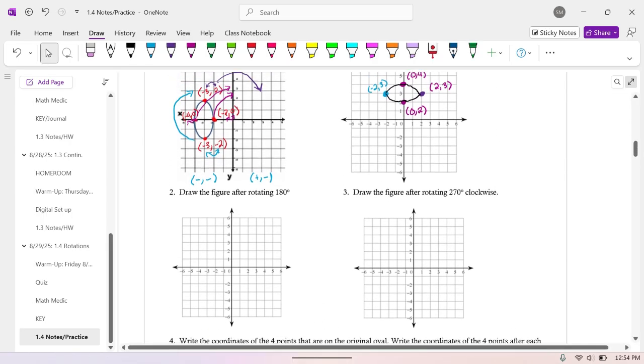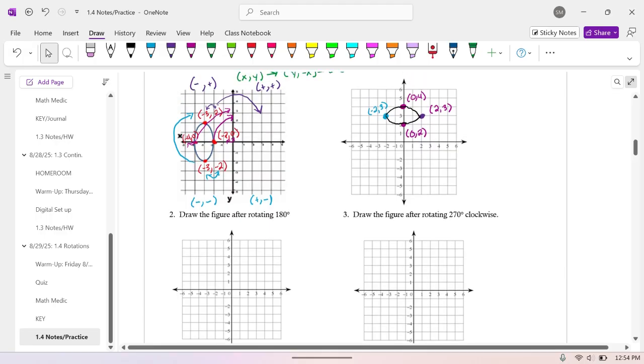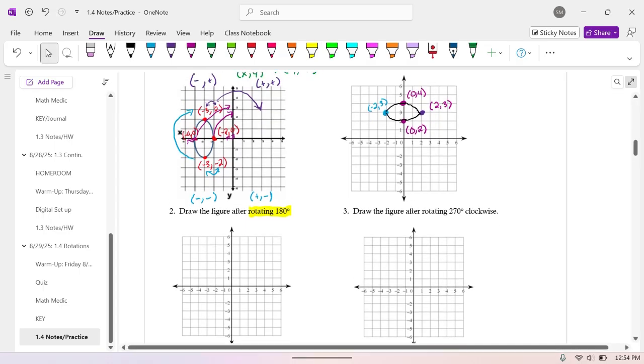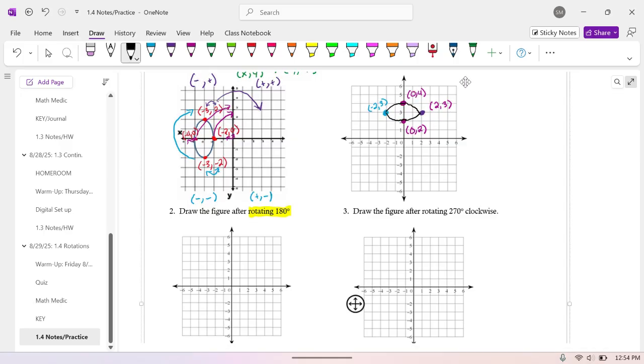Now, after 180 degrees, so just to save ourselves some time, we're going to go based off of our 90 degrees. So if we're rotating 180 degrees, that means I'm starting with what's on my new image. So, like I said, figure out what quadrant it's going to, and then you're going to flip them. So flip X and Y, and then change the signs to fit the quadrant.